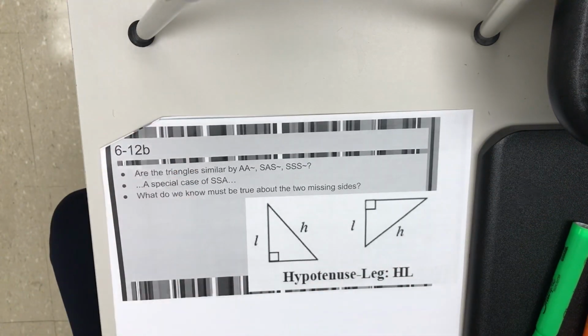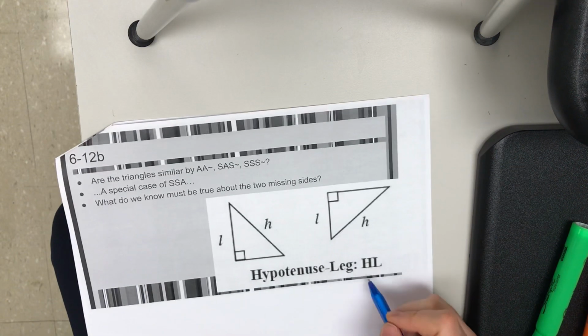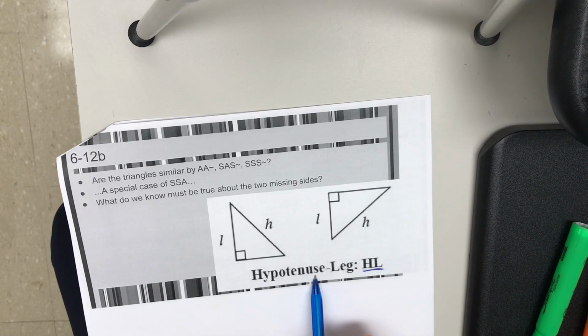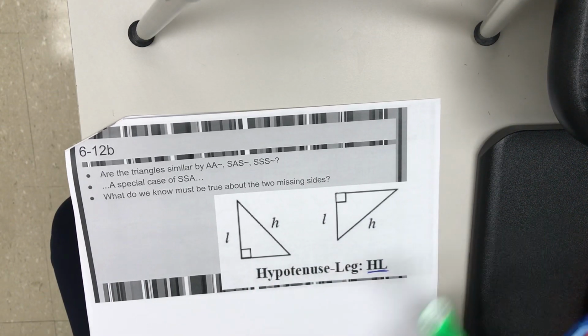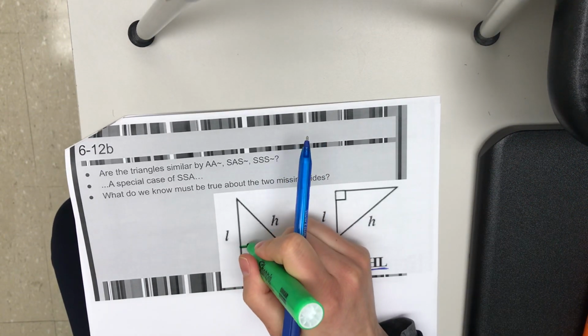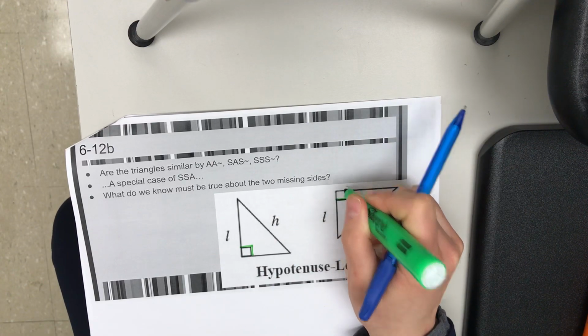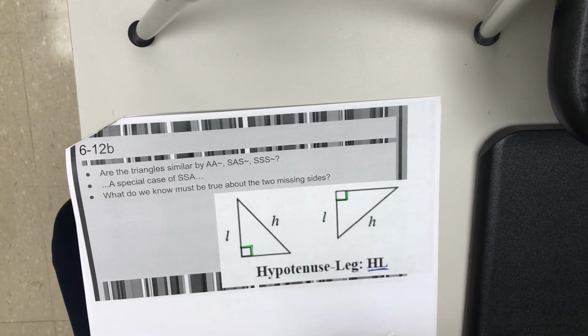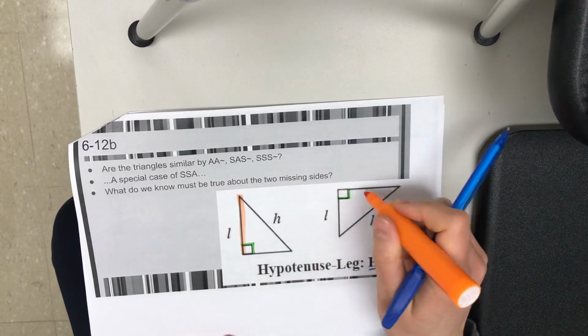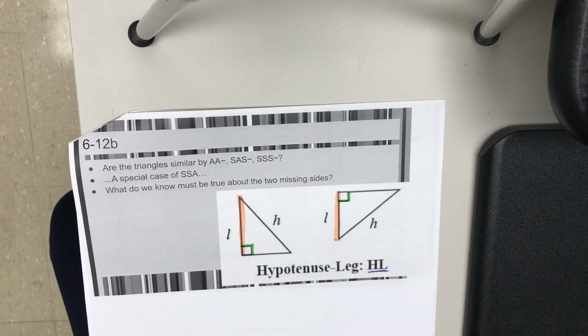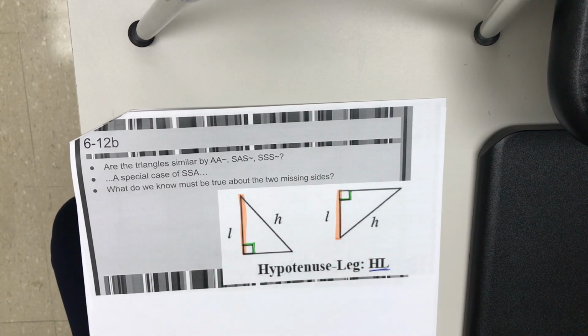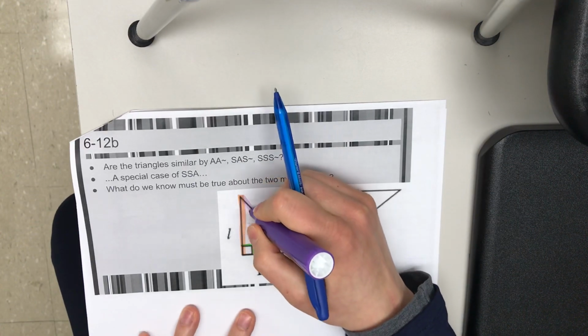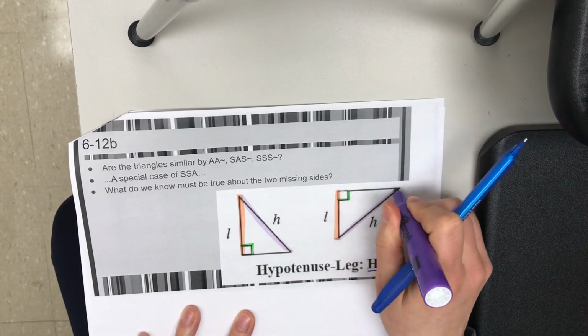All right, last one. This is kind of a tricky one. This one is showing hypotenuse, leg. If there's going to be a hypotenuse, it must be a right triangle. So we do know something about an angle, okay? And we do know something about 2 sides. The legs are the same, 1 leg in each triangle is the same, and the hypotenuse is the same, okay?